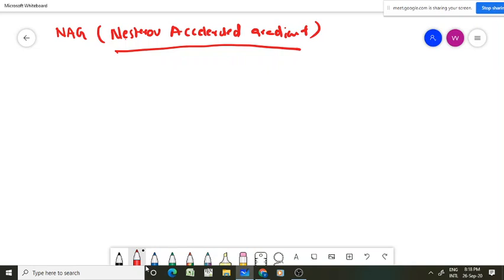So what is the difference between the momentum optimizer and the NAG optimizer? If you try to recollect, in the momentum optimizer, the step length of your decision variable depends upon the gradient at the current iteration and also the gradient at the previous iteration.